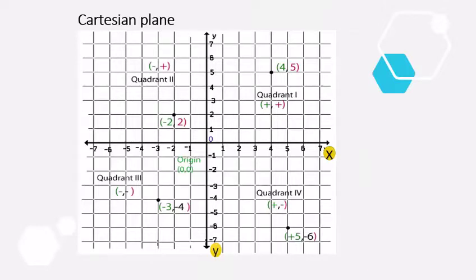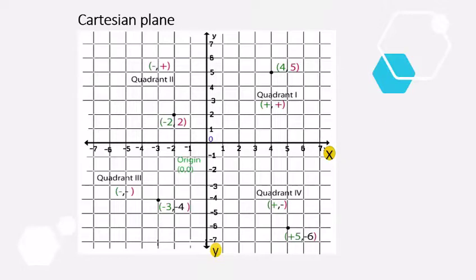And you can see these two axes divide the plane into 4 quadrants. Quadrant 1, Quadrant 2, Quadrant 3 and Quadrant 4. These quadrants are numbered in anti-clockwise direction. First quadrant shows positive sides of X and Y axis.